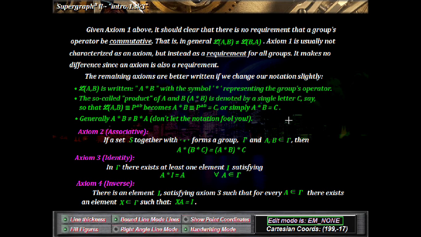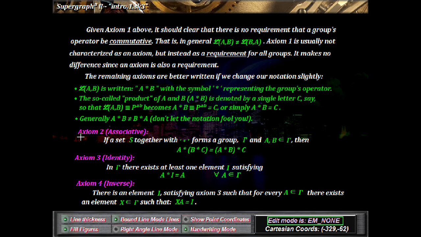Unless you know something else, you can't take it for given that these are interchangeable. Alright, so now I'm going to just tell you these next 3 axioms.